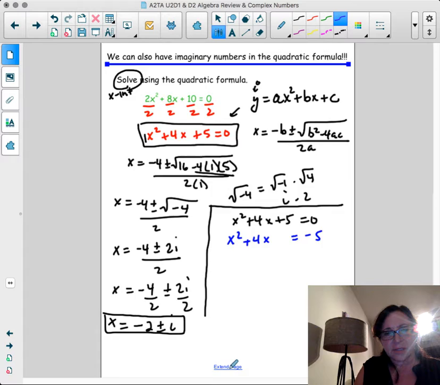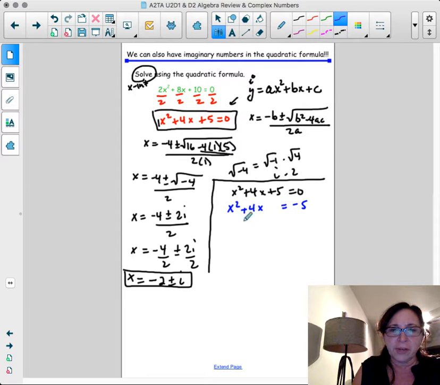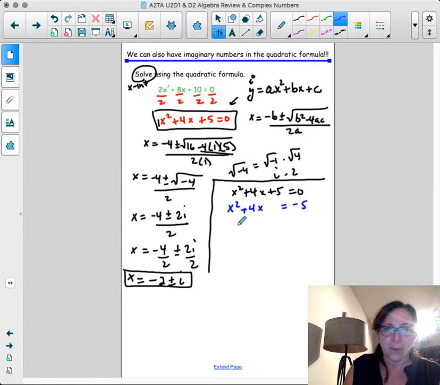In doing this, what we're trying to do is complete the square. We talked about completing the square the other day, but we're going to try this for solving the quadratic. We're going to take half the value of 4. So half of 4 is 2. 2 squared is 4. So I'm going to add 4 to both sides.